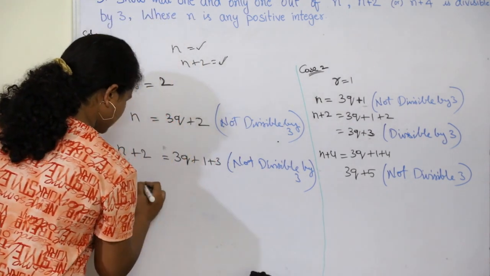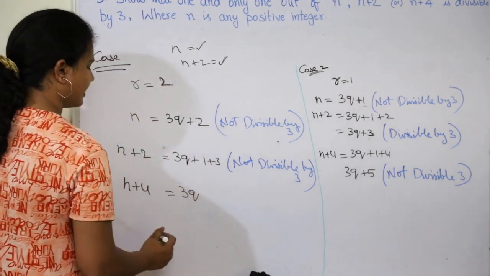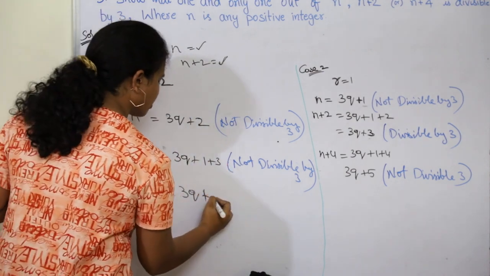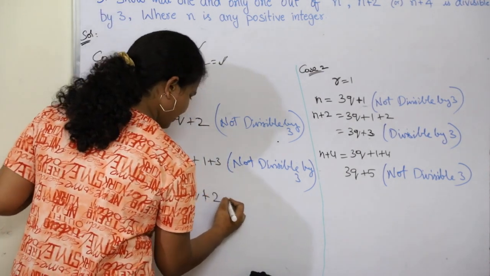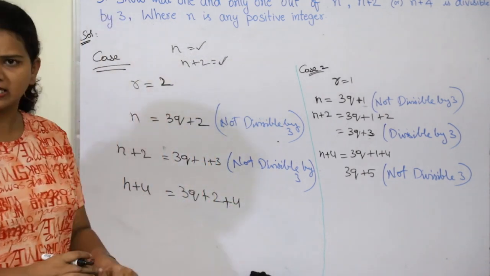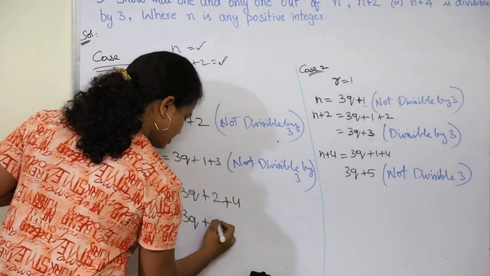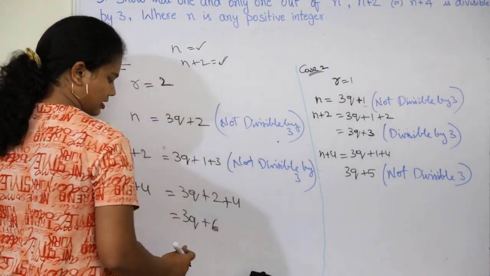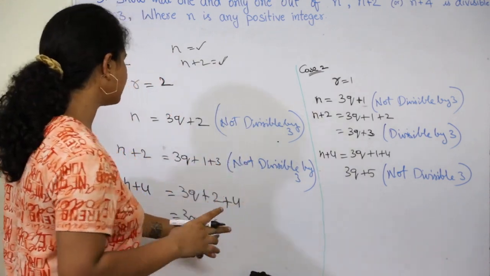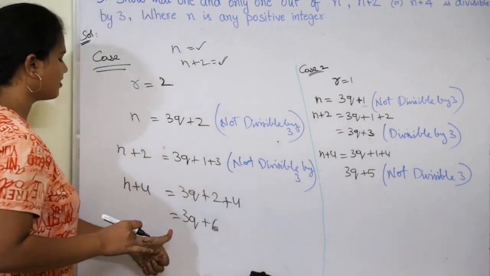Now let's go for the next one, n + 4. n + 4 = 3q + 2 + 4. Here 2 plus 4 is 6, so 3q + 6, where 6 is a multiple of 3.